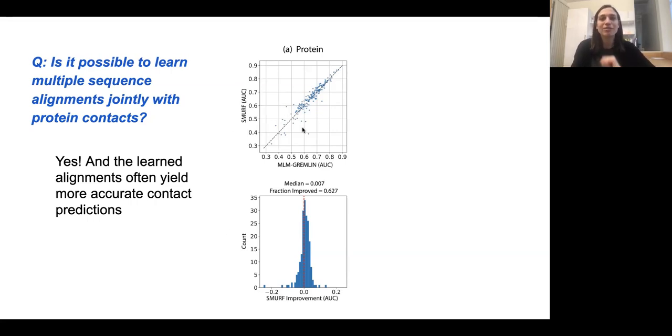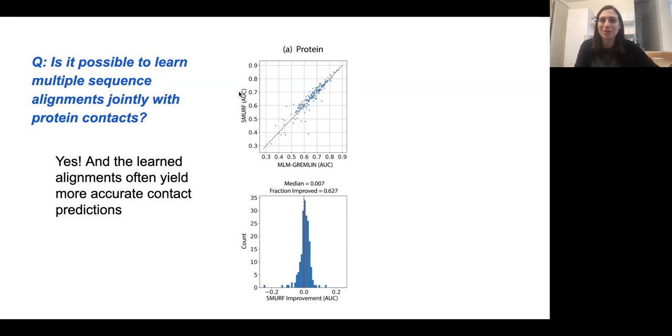In this plot, each point corresponds to one protein family in our test set. The x value is a measure of how accurate the contact prediction is if you just use a standard MSA and put that into Gremlin, also trained with masked language modeling, but that alignment is fixed. And the y-axis is a measure of accuracy when you use masked language modeling to train Gremlin, but allow the alignment to vary.